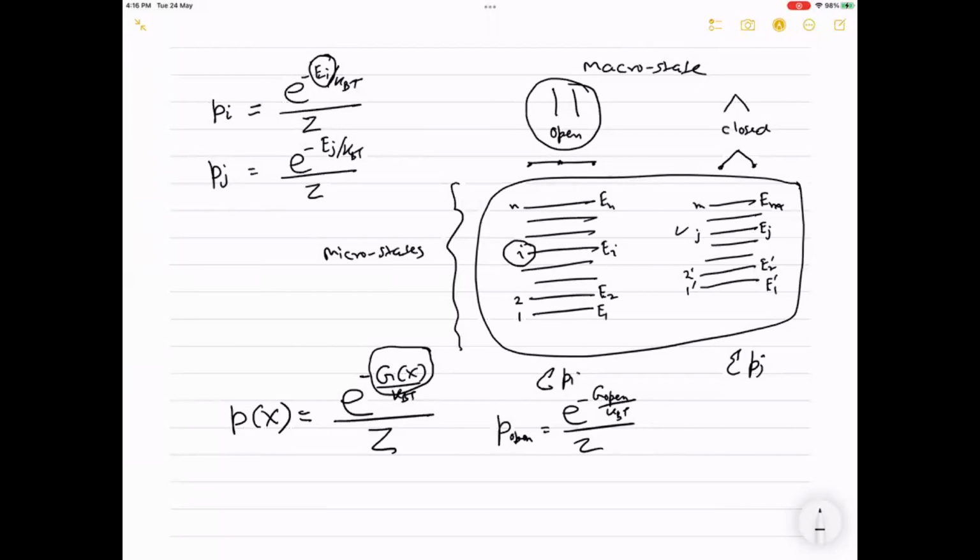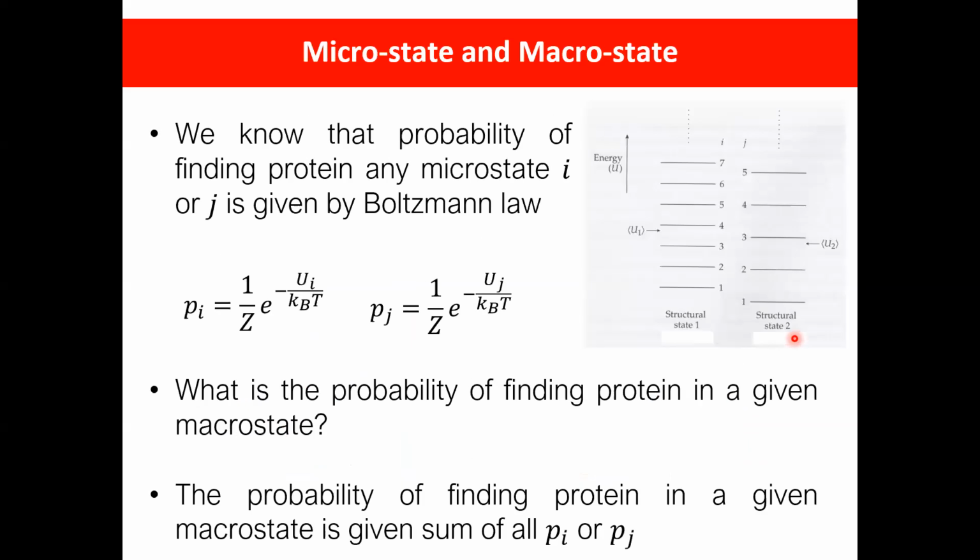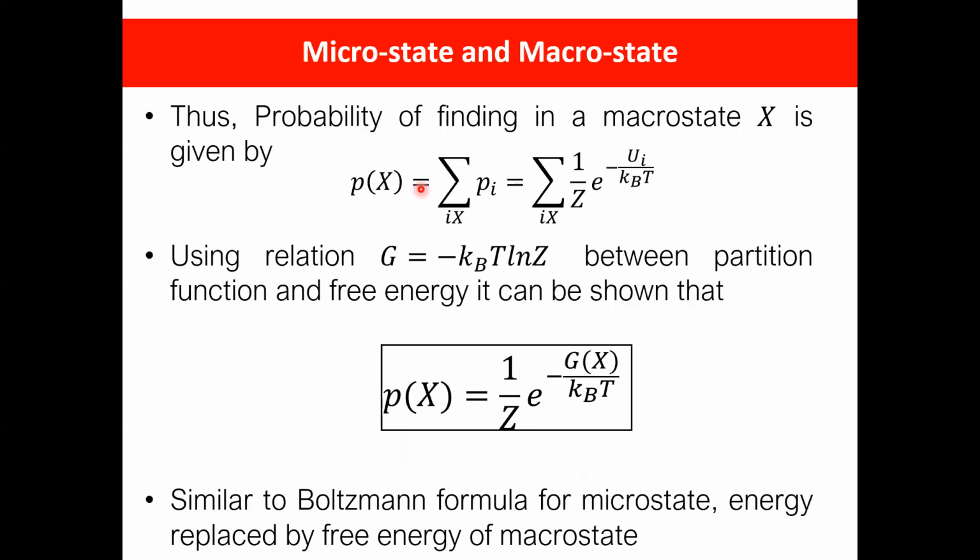Let's go back to the slides. This is what is written here: if the question is about the probability of a macroscopic state X, then it is given by the summation over all the Pi's which correspond to the macroscopic state X, and it can be shown that this will be equal to 1 upon Z e to the power minus Gx by kBT.